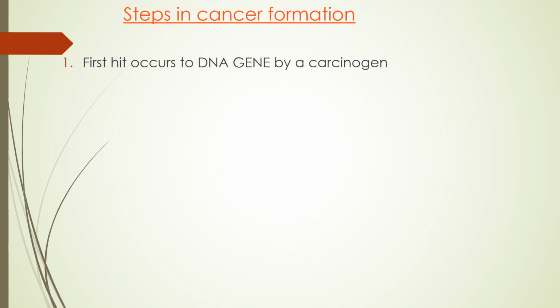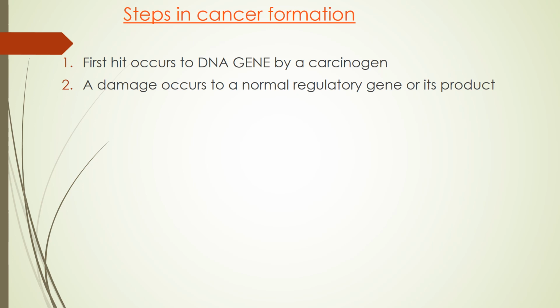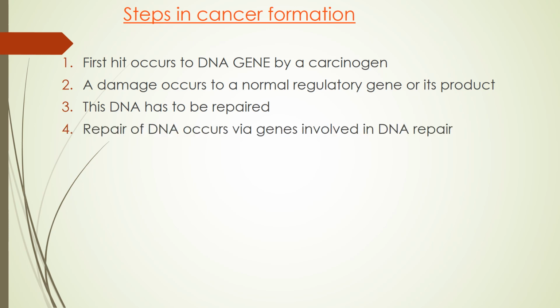Steps in cancer formation. First hit occurs to the DNA gene by a carcinogen, but it looks like it was not enough. A damage occurs to a normal regulatory gene or its product. This DNA has to be repaired. Repair of the DNA occurs via genes involved in DNA repair, which we have already discussed.